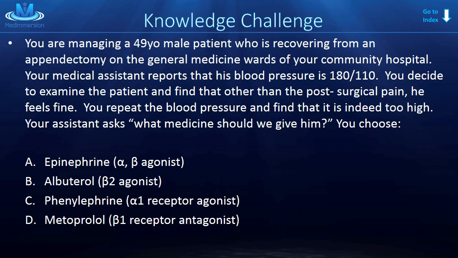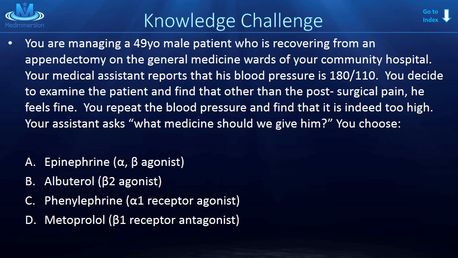All right, the last question. You are managing a 49-year-old male patient who is recovering from an appendectomy on the general medicine wards of your community hospital. Your medical assistant comes to you and reports that this patient's blood pressure is 180 over 110. You decide, correctly, to go examine this person for yourself just to make sure.